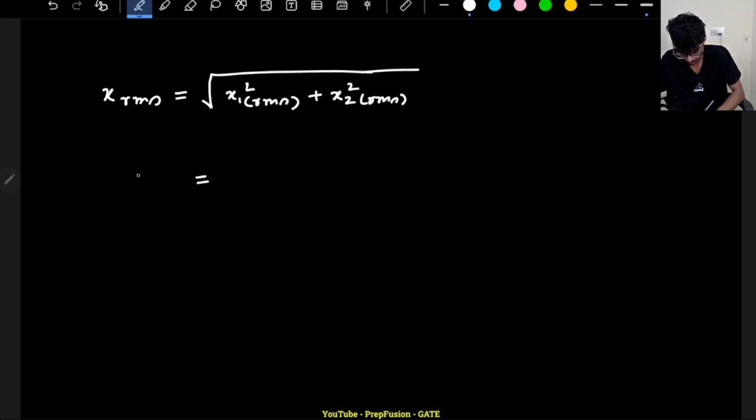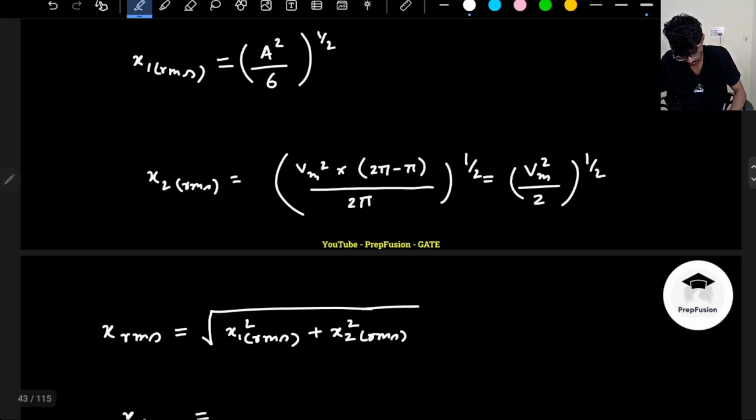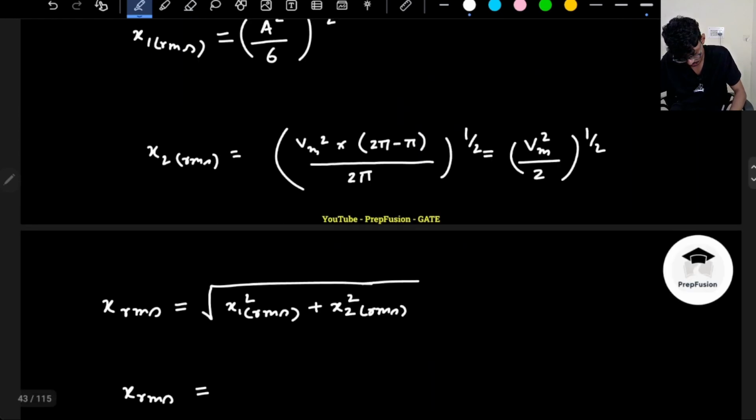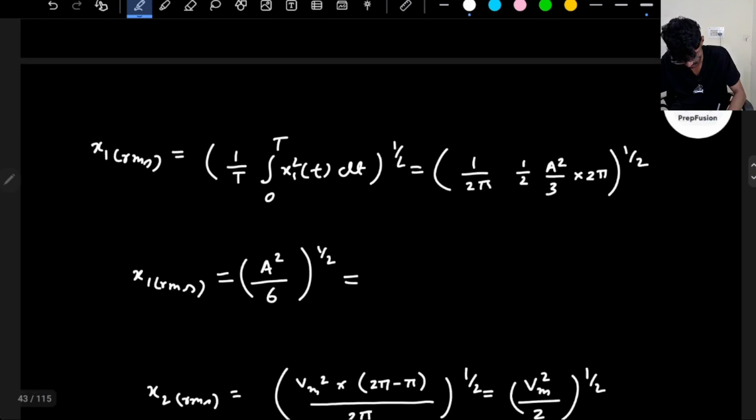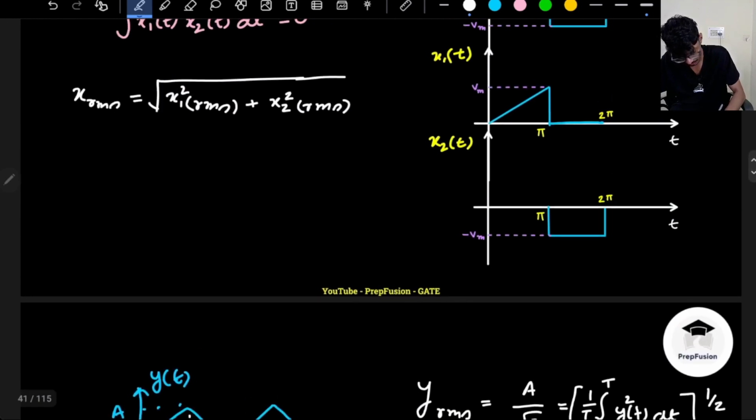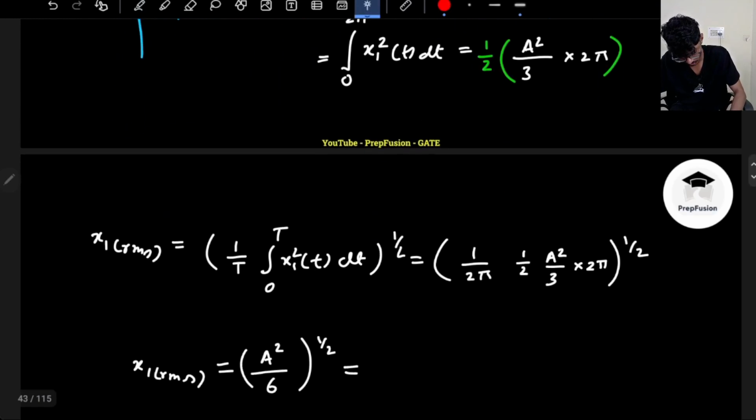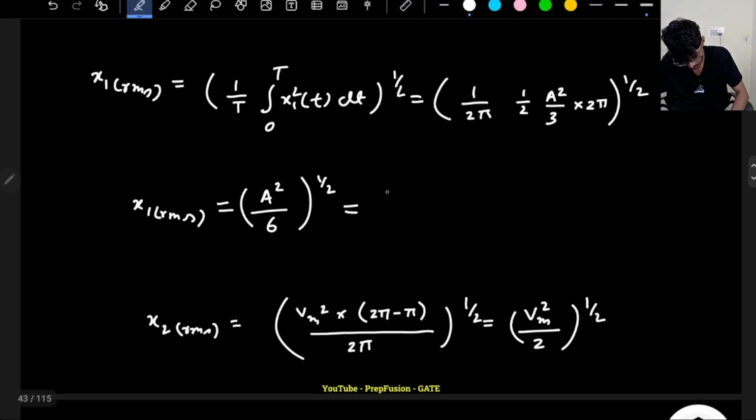So ultimately my x RMS will be equal to a square by 6. A in our case is simply Vm. So this will be Vm square by 6, whole under root.